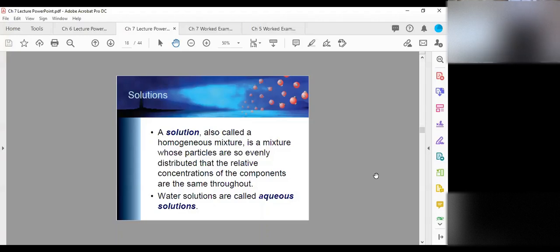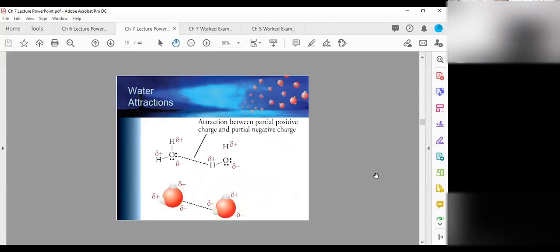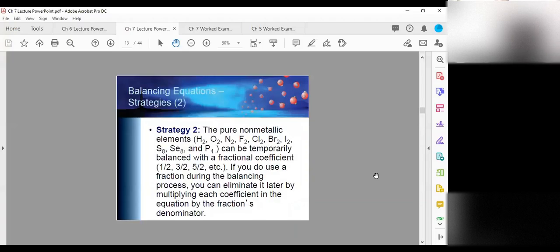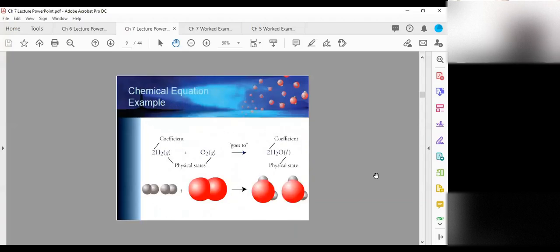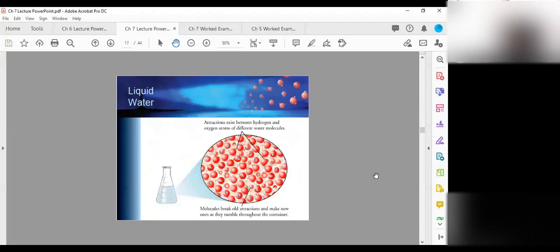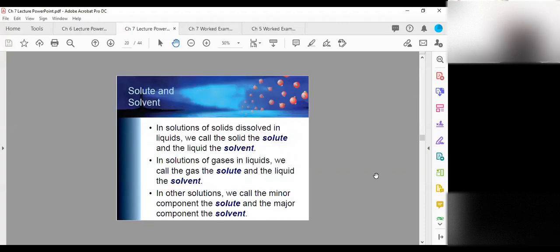Solutions can contain a solvent and a solute. If the solvent is water, then we're dealing with an aqueous solution. The solute is usually the minor component. Solvent is usually the major component.